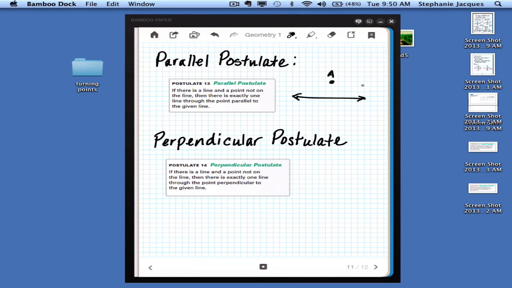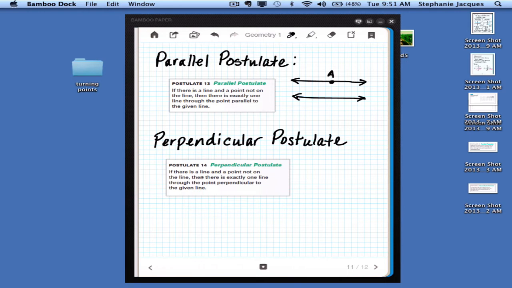So you can make a line right through that A, and that makes a parallel line with the line below. So they're just saying that if you have a line and there's a point above it or below it, you can draw a straight line through that with the same slope, and it makes the two lines parallel. Now let's look at the perpendicular postulate.